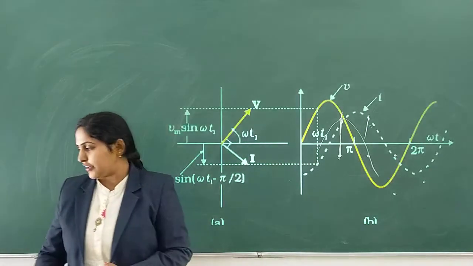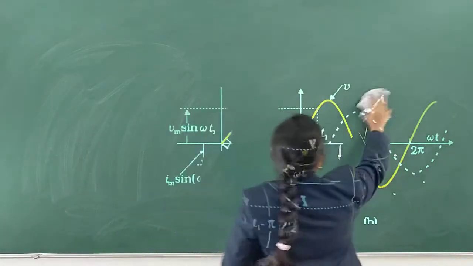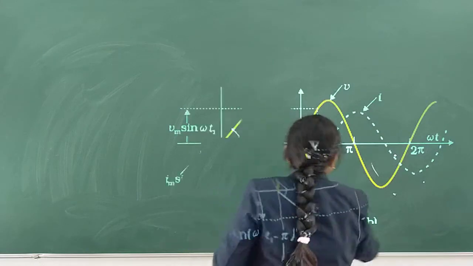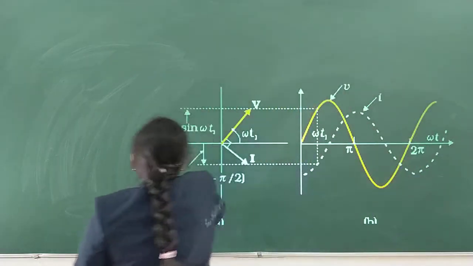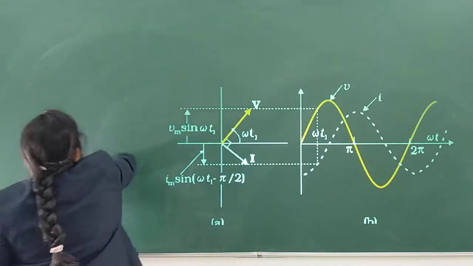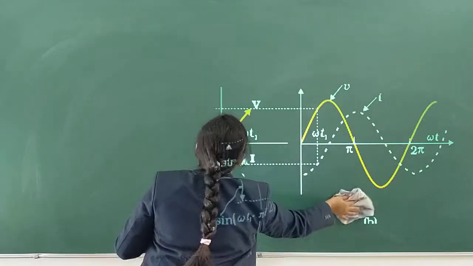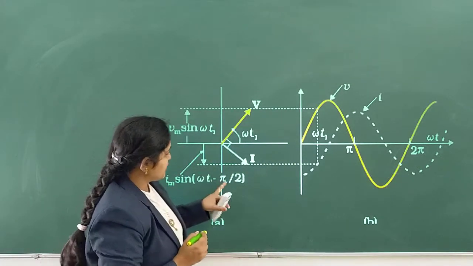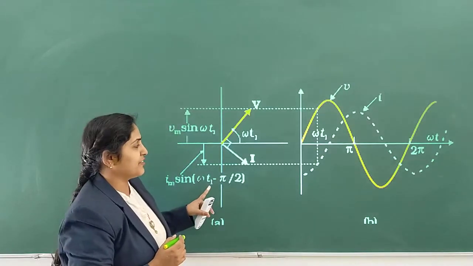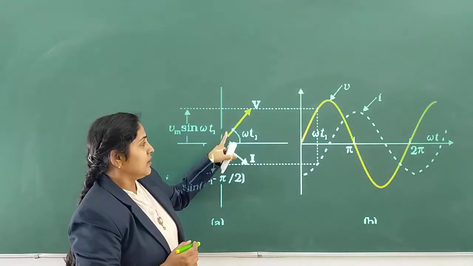Now the phasor diagram will give a clear picture. This is a phasor, one of the phasors is the current and one more phasor is the voltage.